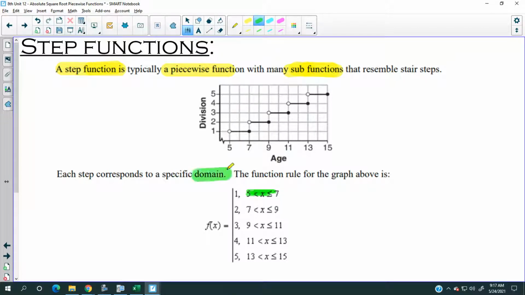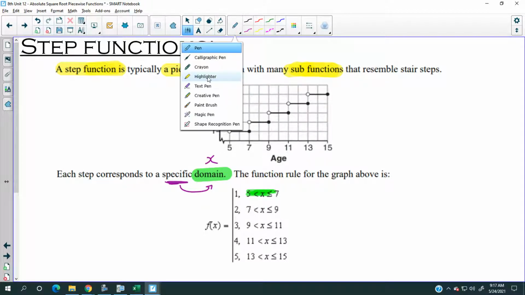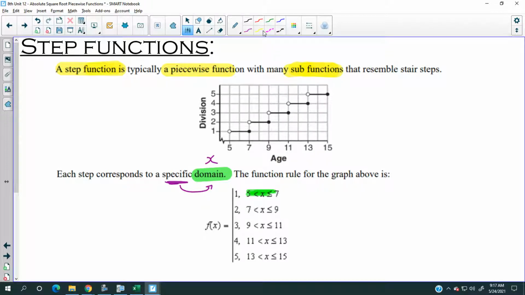Domain means the x value, and specific means it points to where exactly your x values are coming from, and what the boundaries are set on those values. So for example, I'll color code this. Hopefully I won't run out of colors. I will run out of colors.